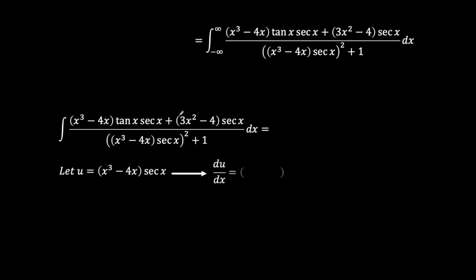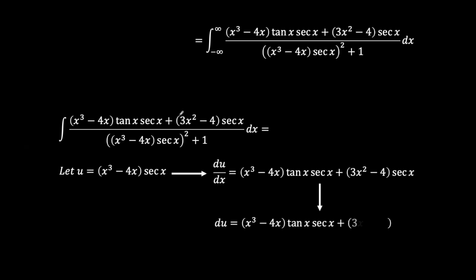And so du dx is equal to (x cubed minus 4x) tangent x secant x plus (3x squared minus 4) secant x. And so essentially, if you have substituted with u, du can be used to replace that numerator times dx.